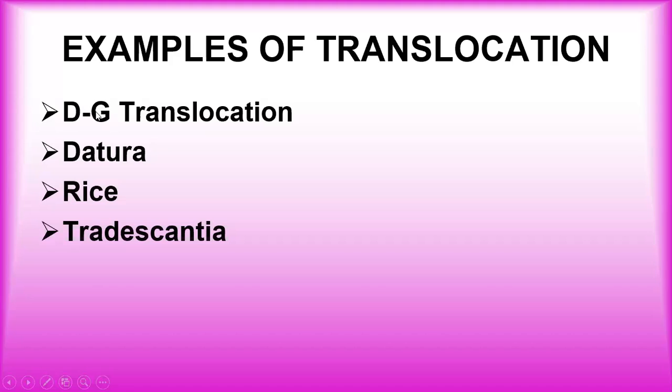I'll show you this picture later on or maybe during practicals. So DG translocation in human beings. Other examples of translocation are found in Datura, rice, and Fredeskentia.